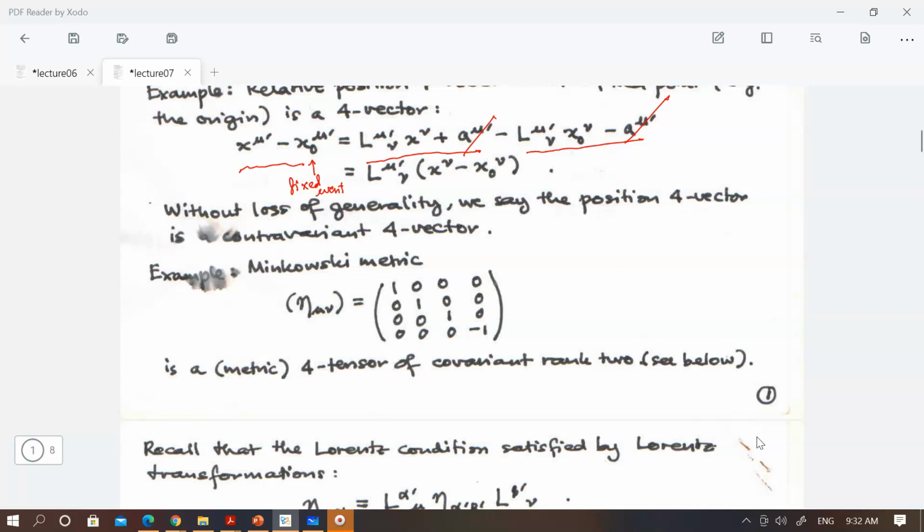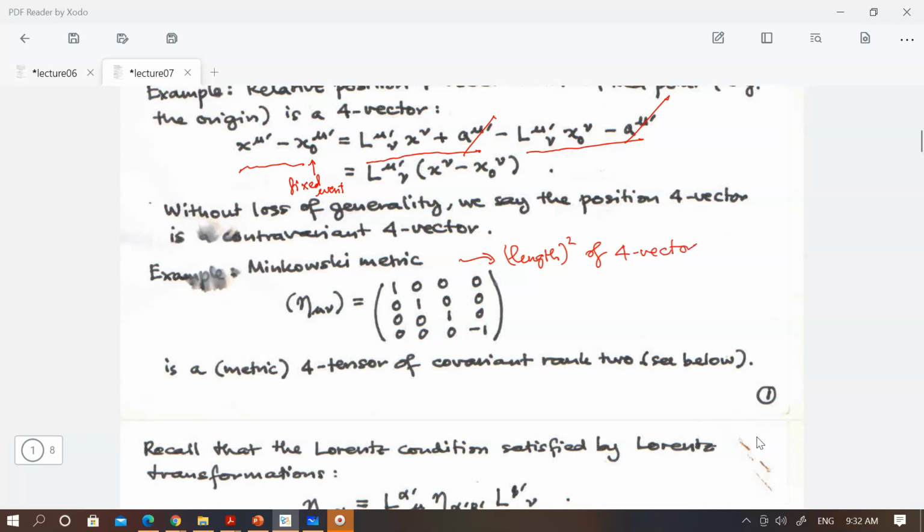Now, earlier we have also introduced this idea of the Minkowski metric. What does it do? It gives you the length squared of your four vector.